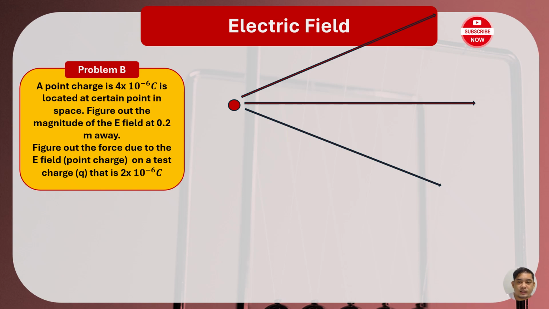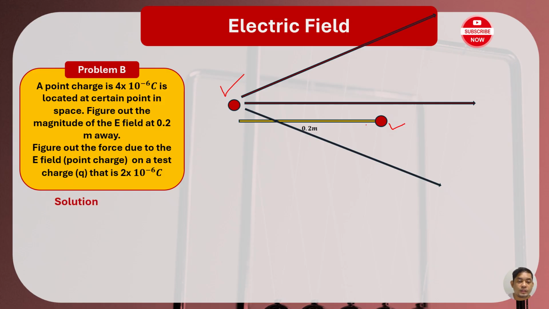Although it's symmetrical and will form a circle, this time I just focus on that part of the E field, and it's 0.2 meters away, and we have a test charge there. So let's figure out the value of the E field coming from our source charge, and we'll find the force experienced by the test charge due to the electric field.